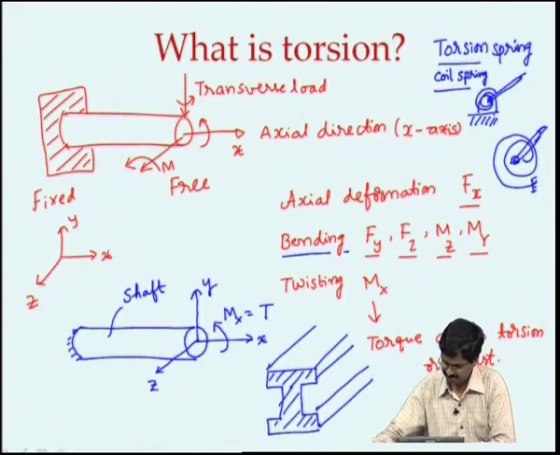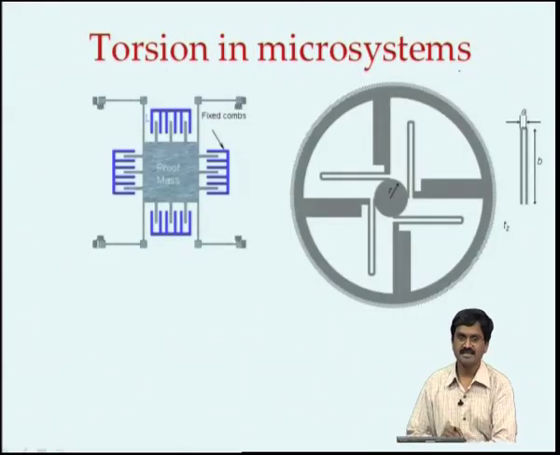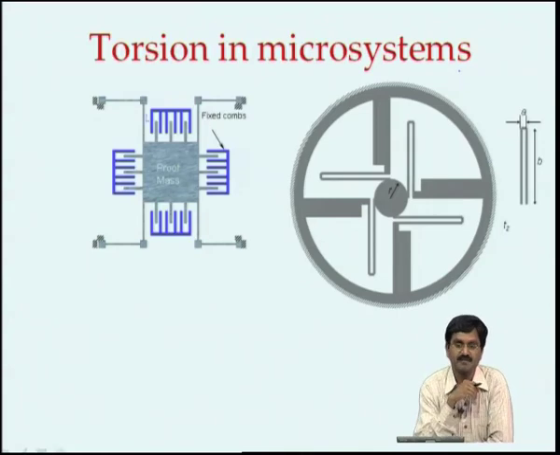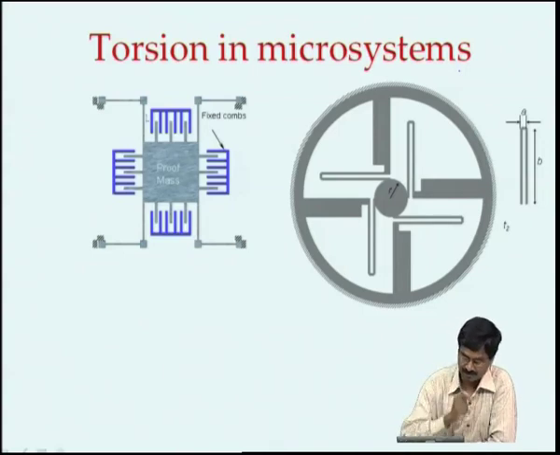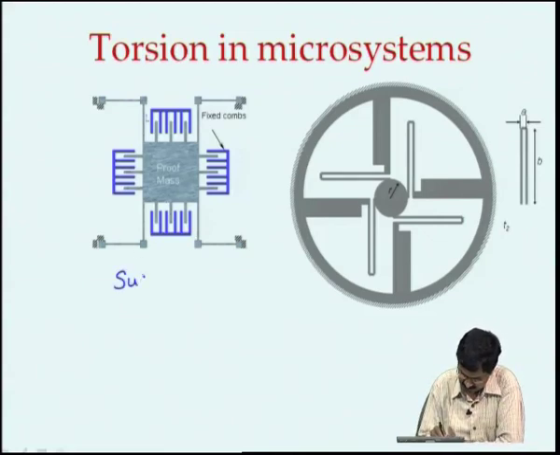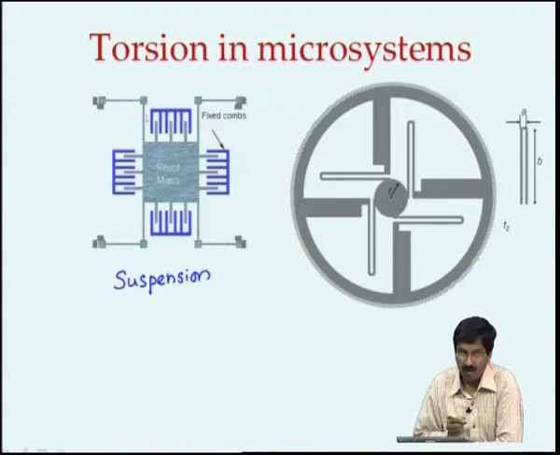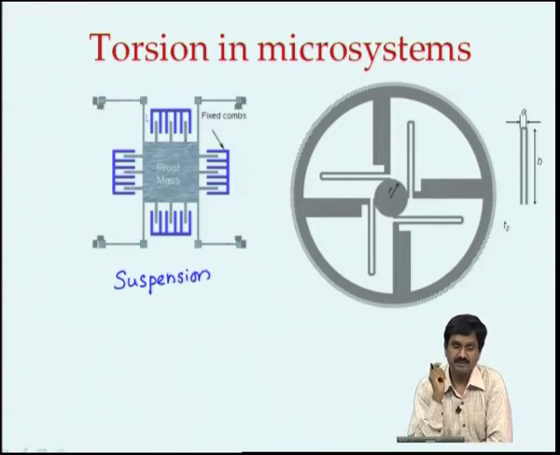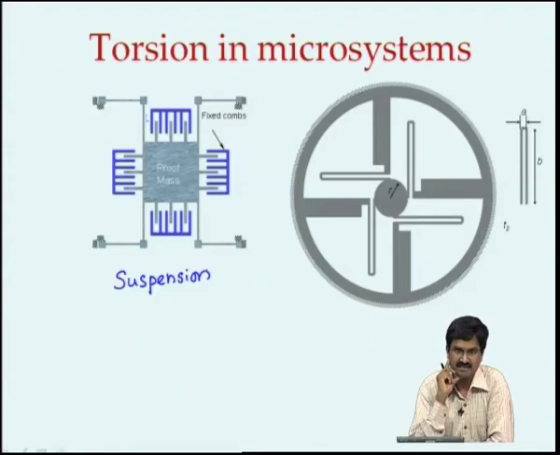Okay. Having understood what torsion is, let us see where we find it in microsystems. In fact, we find it in many places and microsystems is not an exception. Let us say we take the suspension that is shown over here. This is a suspension, if you recall, for a gyroscope, or it is a suspension for a 2-axis accelerometer.